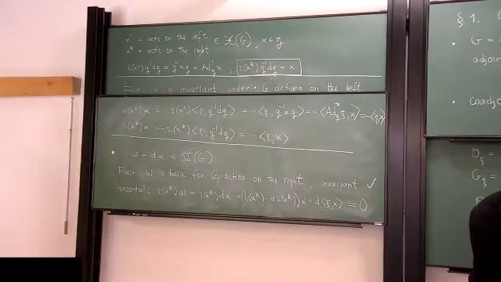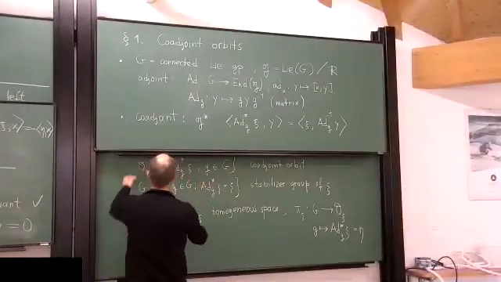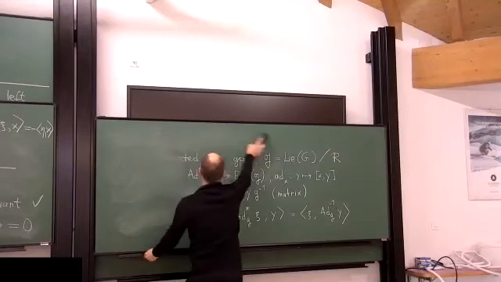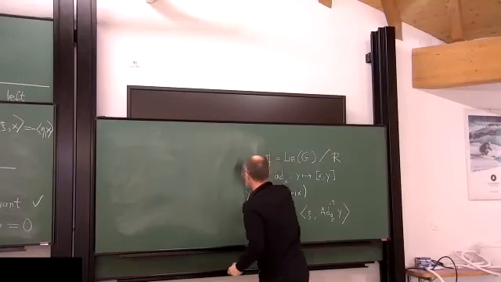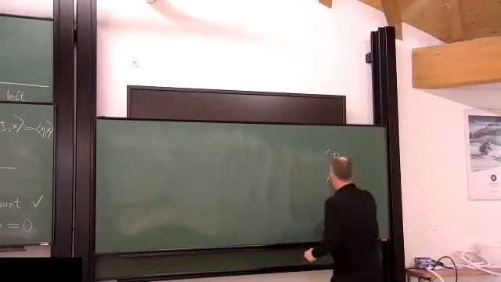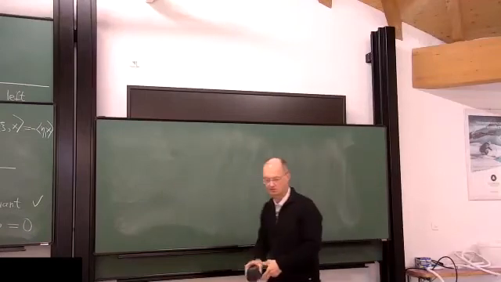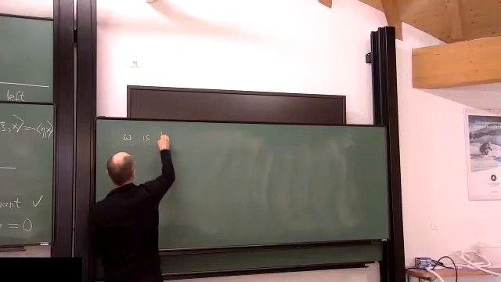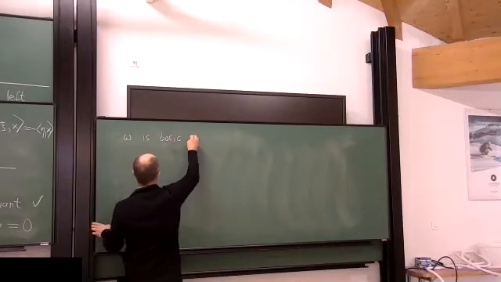Now, if it is basic, this means that it uniquely defines a two form on the homogeneous space, which is our coadjoint orbit. So omega is basic.